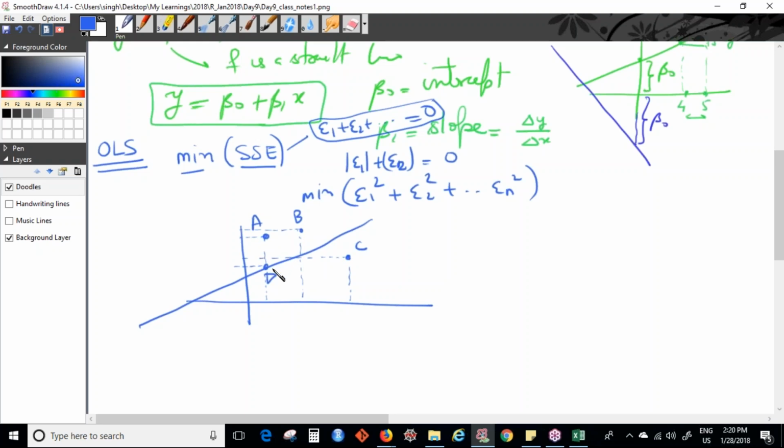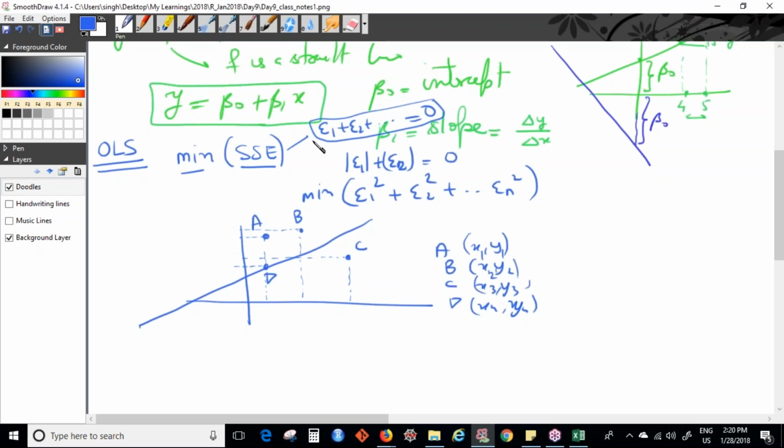So your actual values are the coordinates of the points A, B, C and D, the x coordinate and the y coordinate: x1, y1, x2, y2, x3, y3, x4, y4. So these are the actual values.